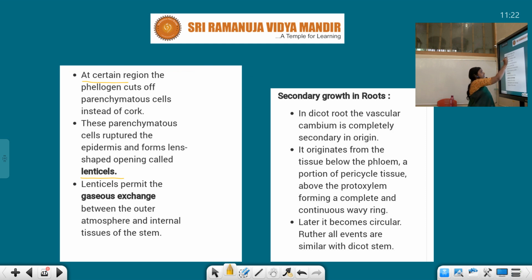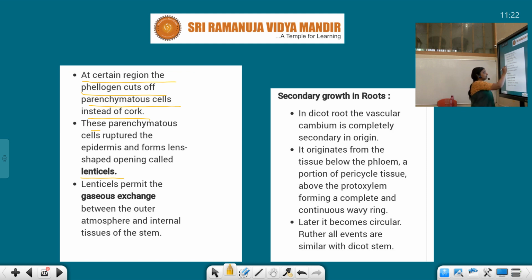At a certain region, the phellogen cuts off parenchymatous cells instead of cork. Where complete cork is present, the cork is dead, these are dead cells. So some cells are cut off that are smaller in size, thin-walled, parenchymatous cells.